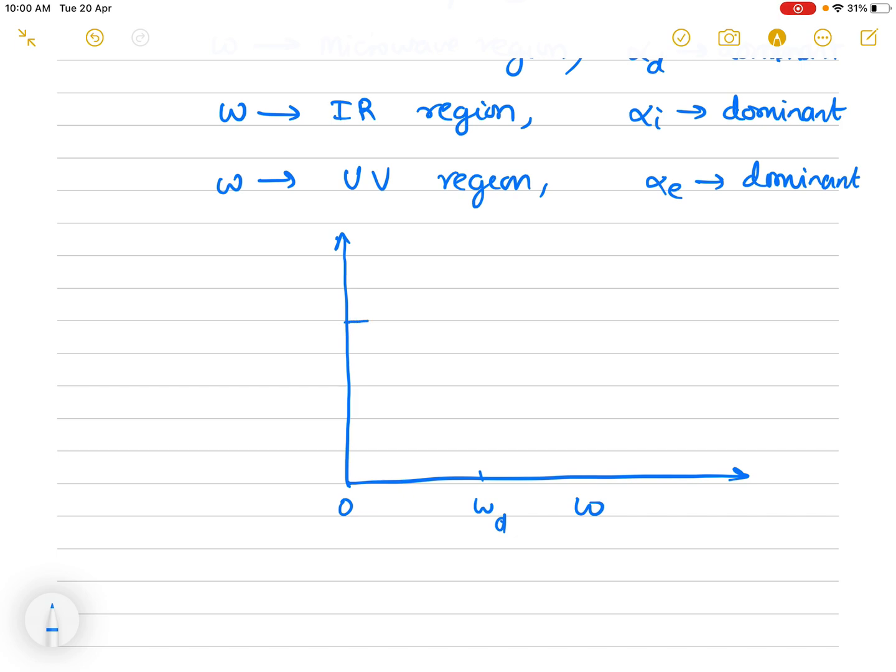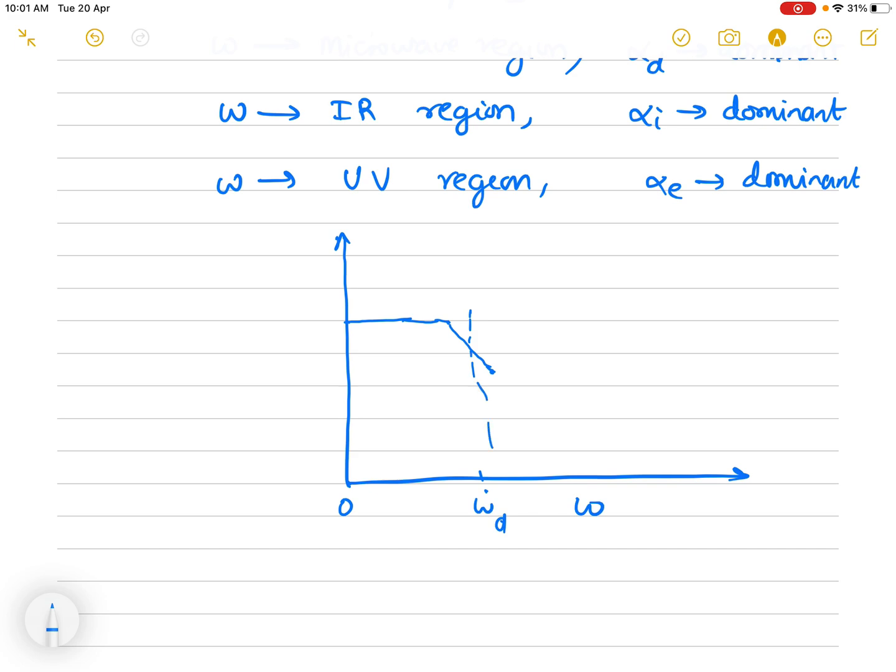Then as the frequency increases between microwave frequency and IR frequencies, the polarizability is constant.